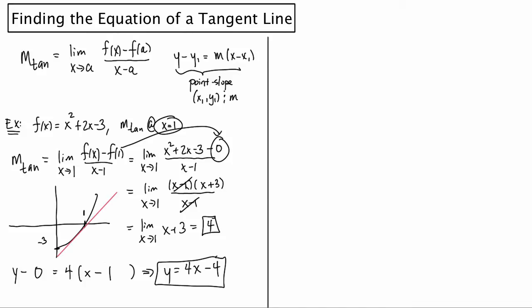It seems very reasonable that that line will have an equation of the form 4x minus 4. You can clearly see that the intercept is below negative 3, so negative 4 is the intercept. It passes through 0 when x is 1, because 4 minus 4 is 0. So this seems like a perfectly legitimate line that is the tangent line in this case.